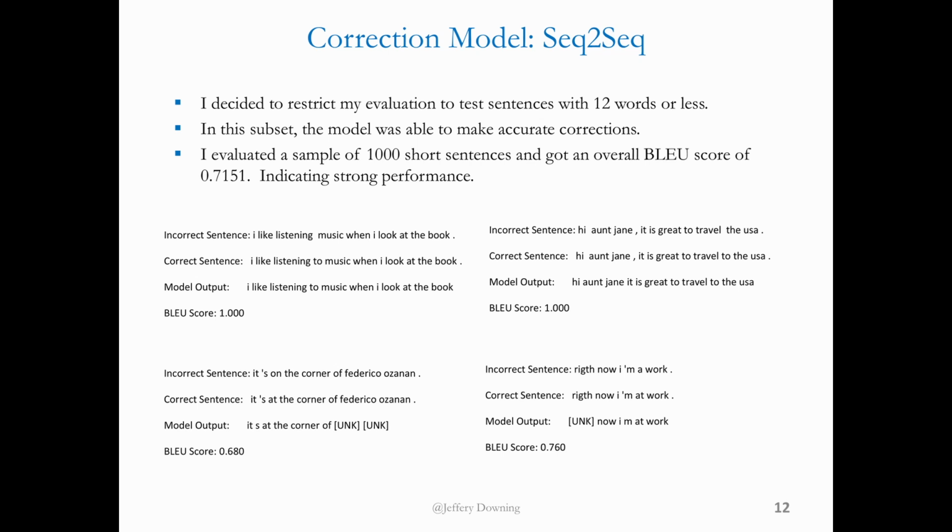And it turns out the model was actually able to make very good and accurate corrections. So I evaluated on a sample of 1,000 short sentences, and I got an overall BLEU score of 0.7151, which appears to indicate strong performance.